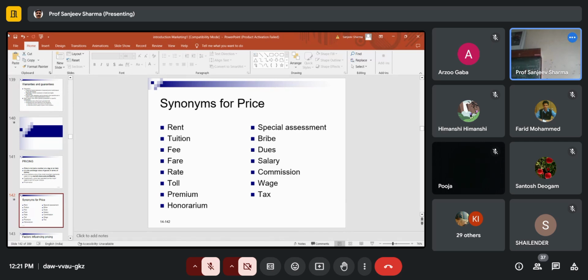What is this? This will be known as incremental cost. Yes or no? Any questions? What is an incremental cost? Incremental cost means a combination of these costs. What is this cost known as?